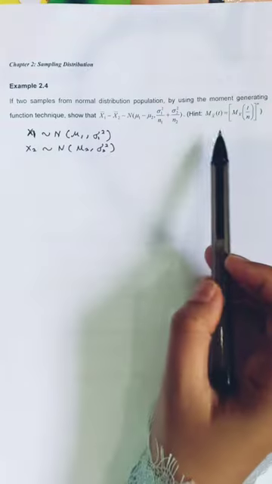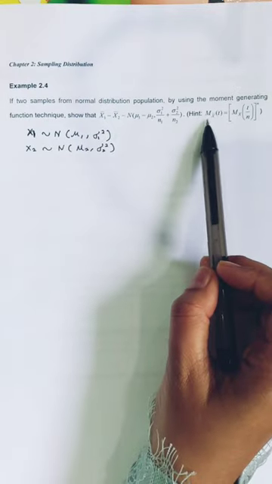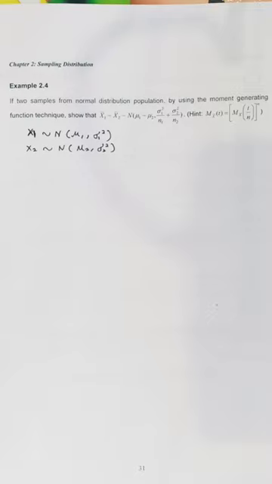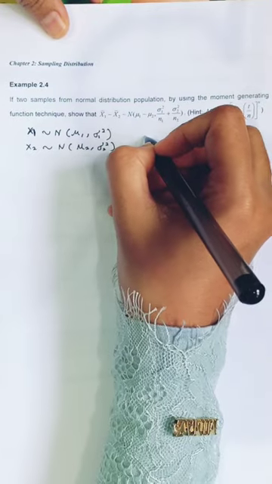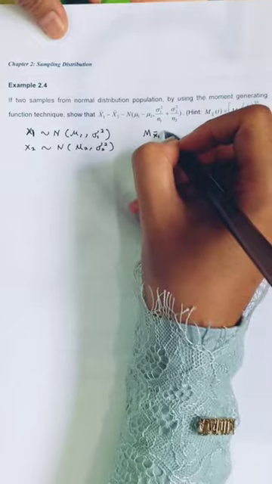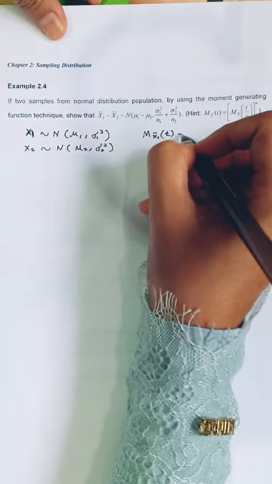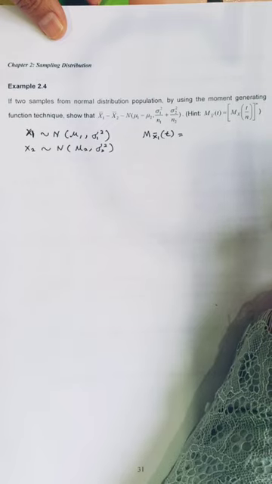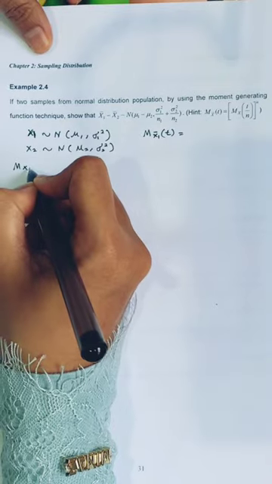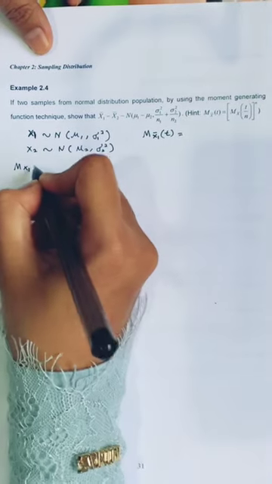So according to the hint, it's showing that M x bar equals M x t over n, power of n. So we can write M x1 bar equal to M x t over n. Okay, what is the MGF for x1?